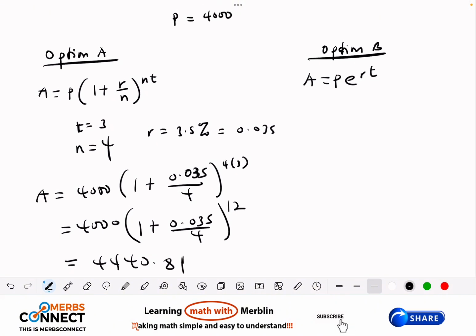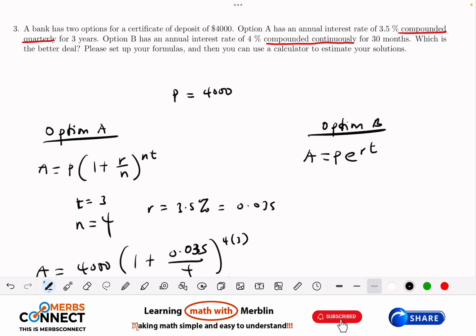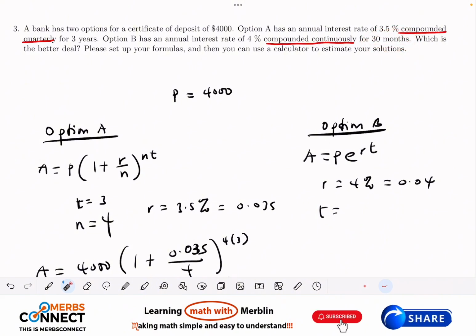Then I need to go for option B. Let me check option B and see the one I'm going to choose. So option B, we have P here. What is R? R is 4%, which is the same as 0.04. What is T? Now T here is given in months, but we know that in a year we have 12 months.